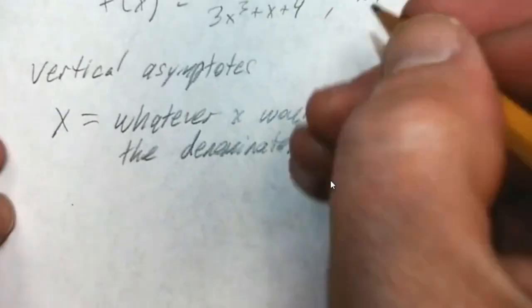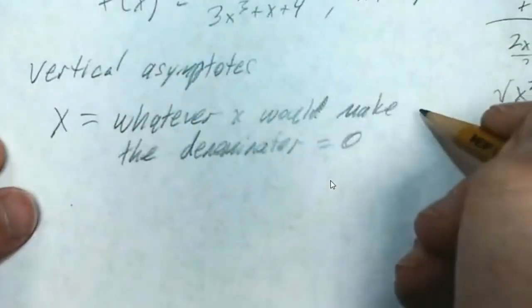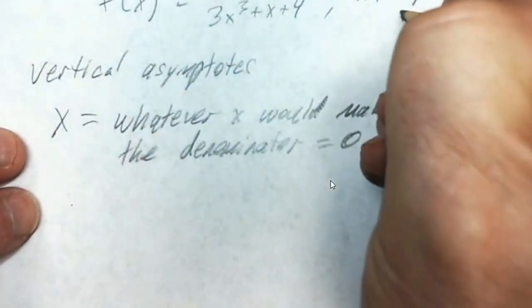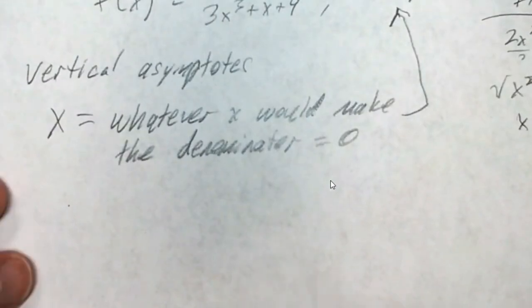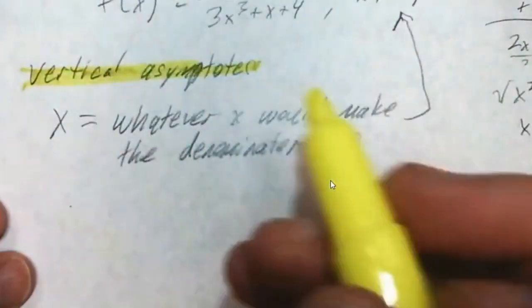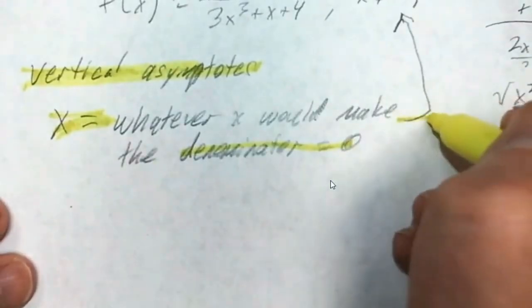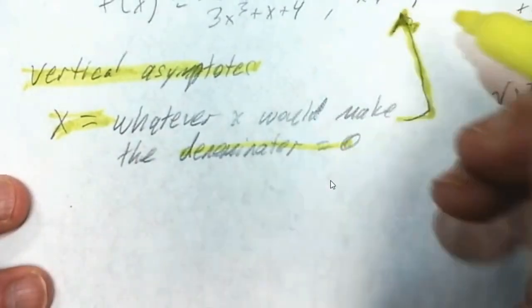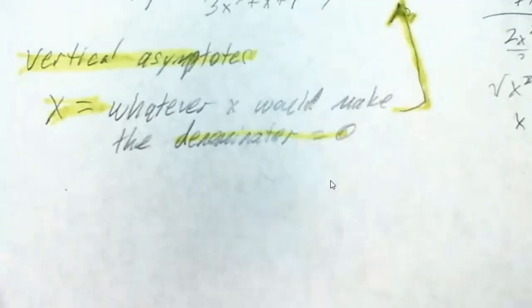So our asymptote is going to be whatever x would make that, for example, right there. So we're going to just highlight that as an example. Vertical asymptotes: x equals where the denominator equals 0. So for example, right there, for this one, we have a nice example.